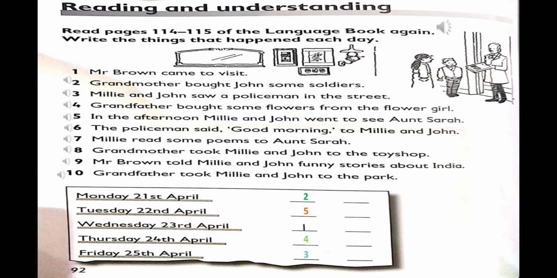The policeman said, "Good morning" to Millie and John. Number 7. Millie read some poems to Aunt Sarah. Number 8. Grandmother took Millie and John to the toy shop. Number 9. Mr. Brown told Millie and John funny stories about India. Number 10. Grandfather took Millie and John to the park.